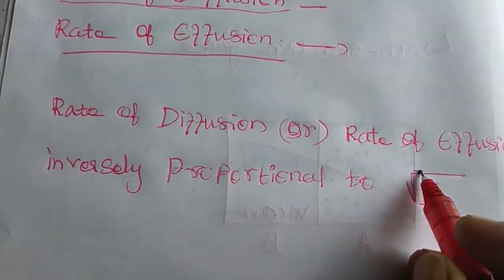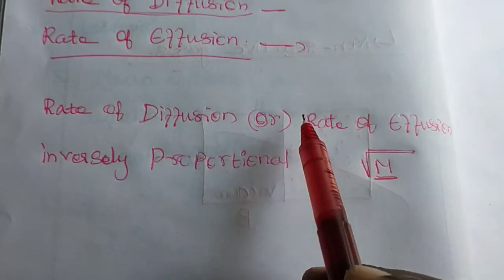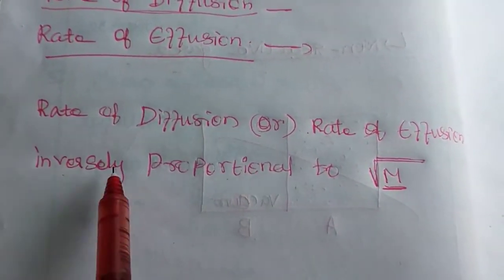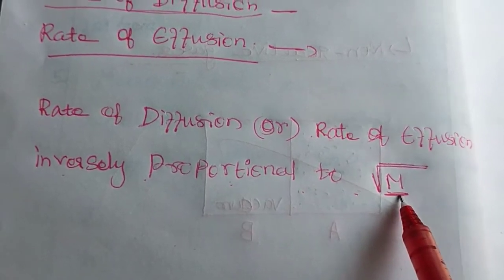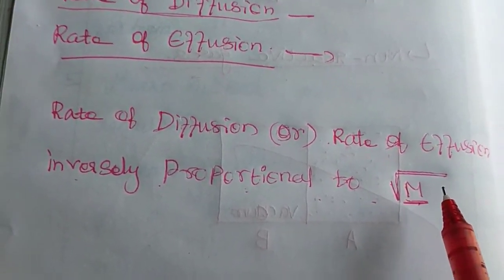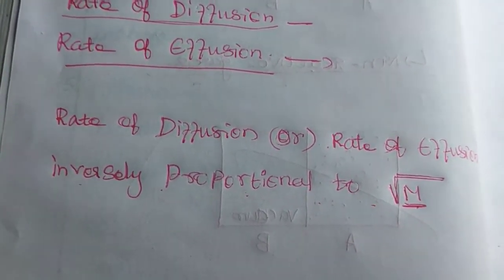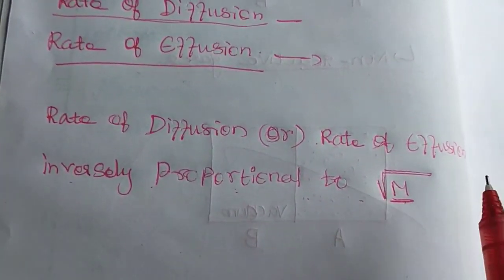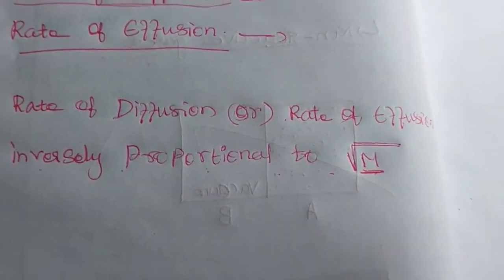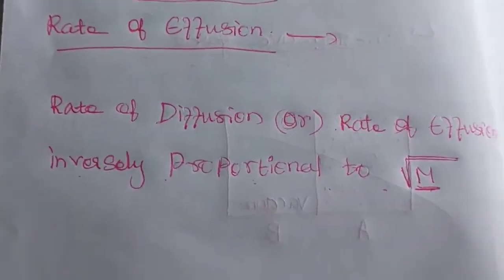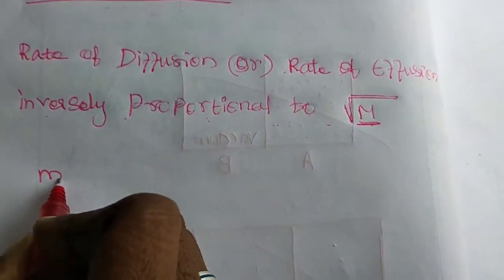So rate of diffusion or rate of effusion is inversely proportional to the square root of molar mass. This statement is known as Graham's law of diffusion, or we can say this is Graham's law of effusion. Okay, so now we can write the mathematical form for this Graham's law equation.